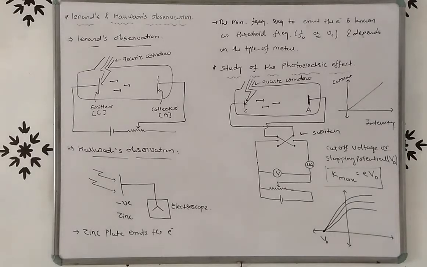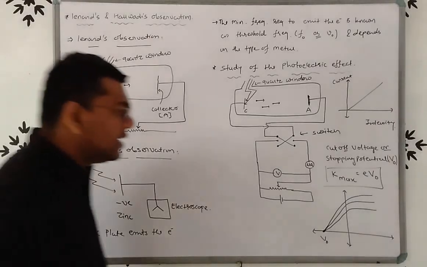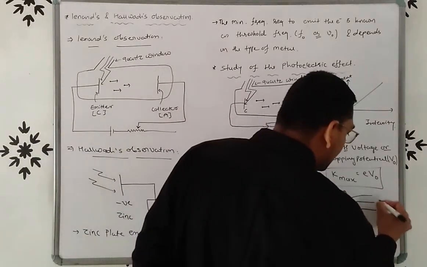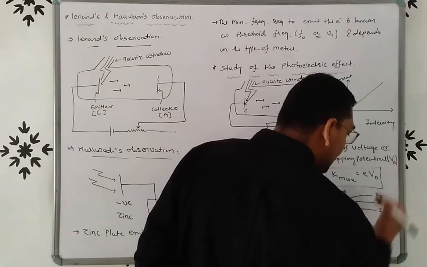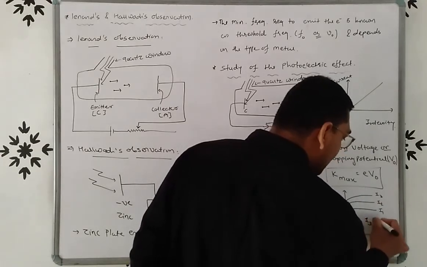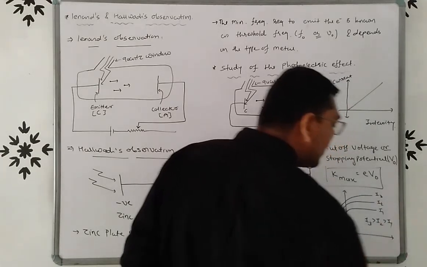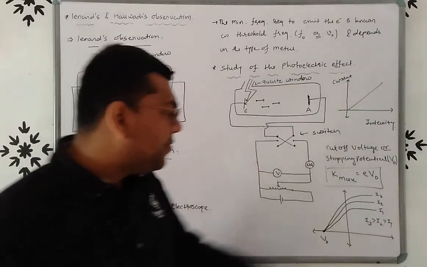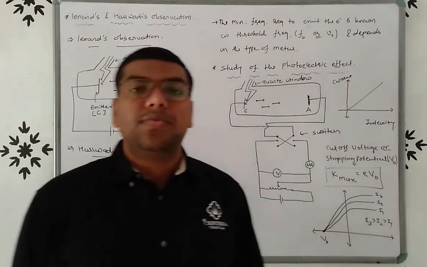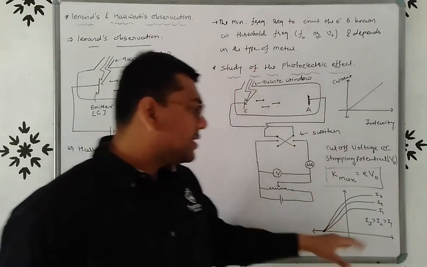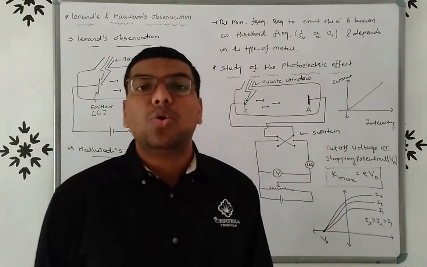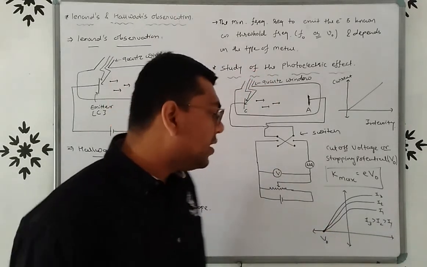Here this is intensity I1, this I2, and this I3. Here I3 is greater than I2, which is greater than I1, right? So if we increase the intensity of the rays, there will be no change in the stopping potential.